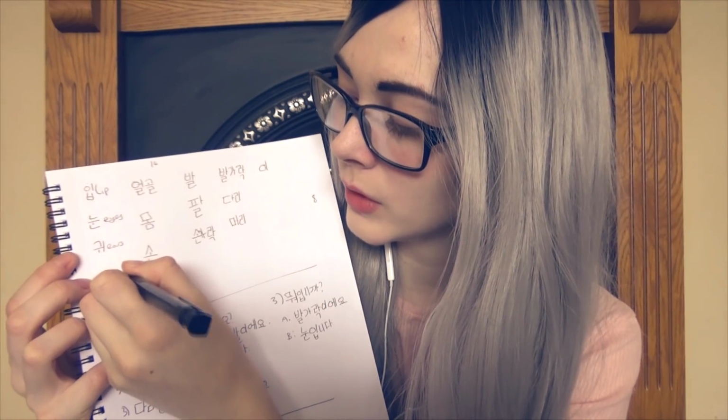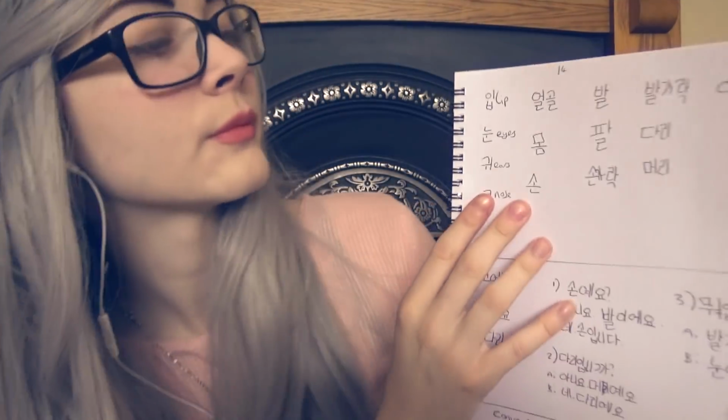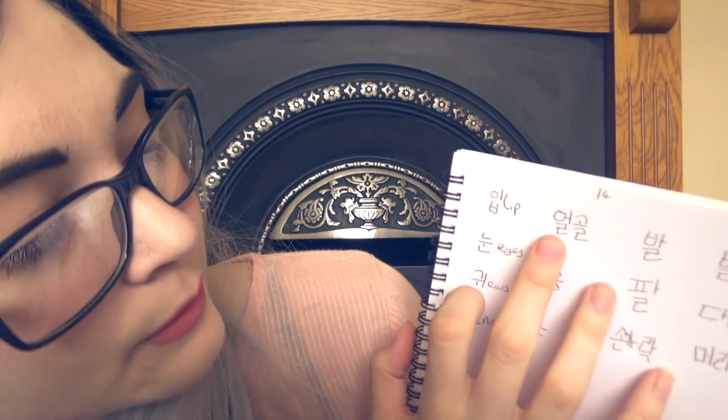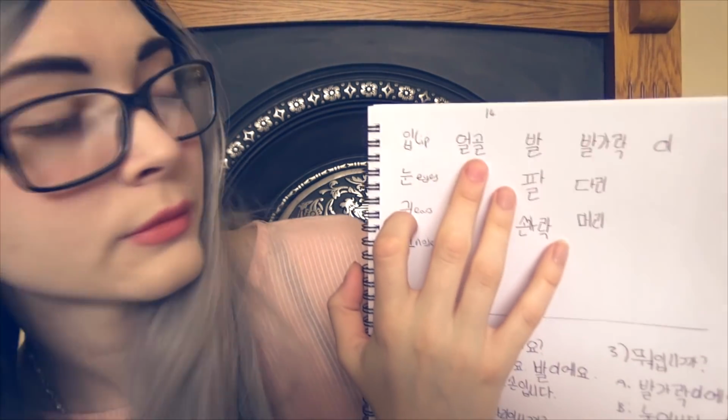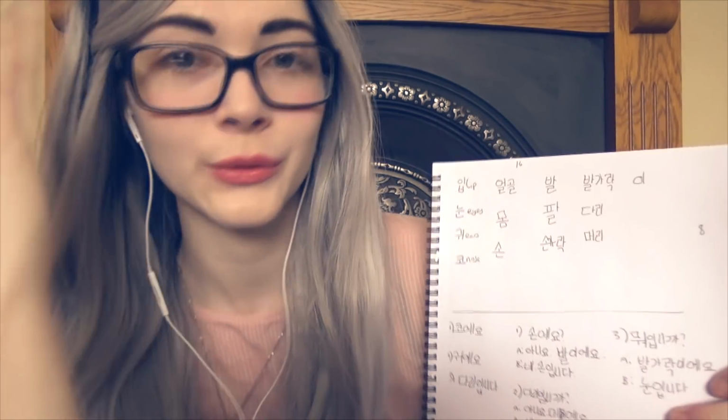Ko is your nose. Arko is your face or head, but it's your face overall. So I write the word face.